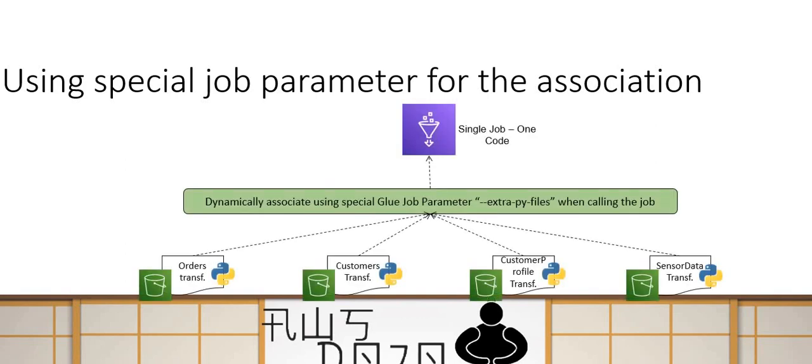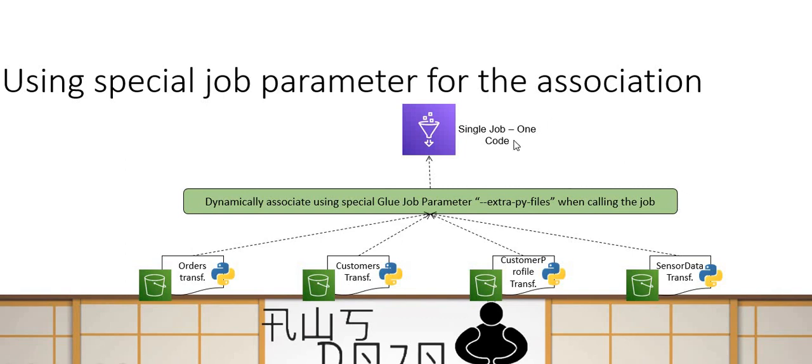The way it works is that you create your transformation code for your tables like orders, customer profile, or sensor data, and you save this code into an S3 bucket. Well, you don't save the Python file itself, but you create a transformation code, then you zip it, and then you upload it to the S3 bucket.